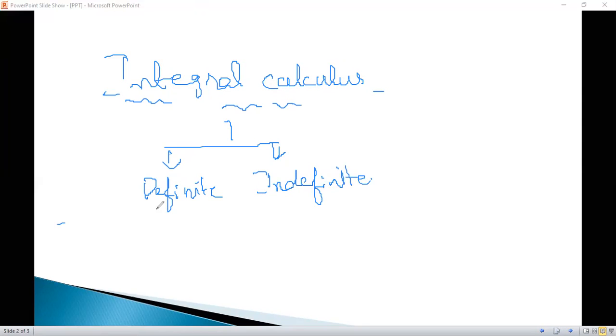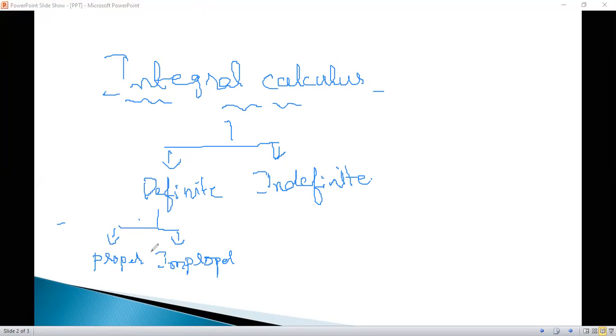The definite integral we divide into two types, proper integral and then improper integral. Proper means the limit values are finite and the value of the integral should exist.